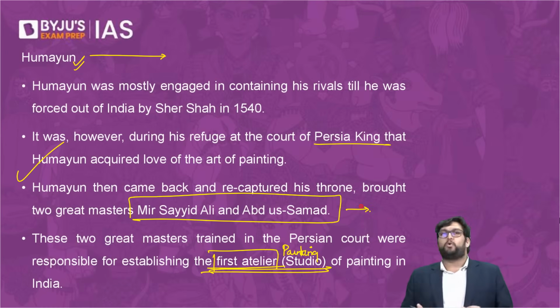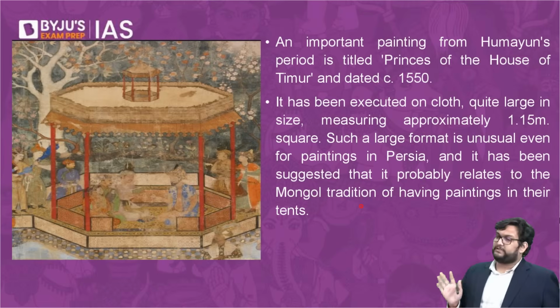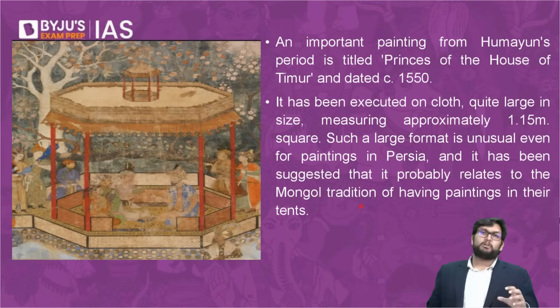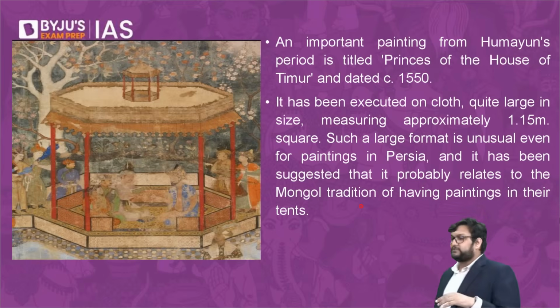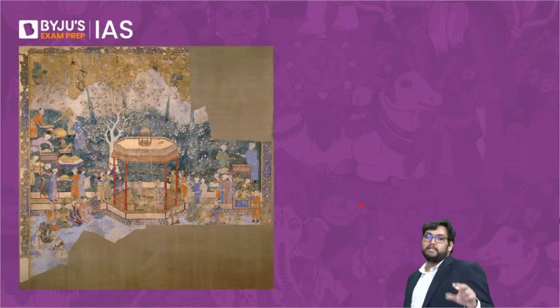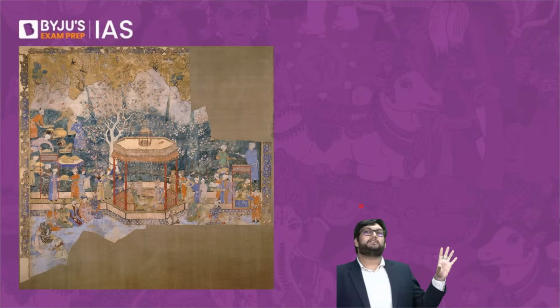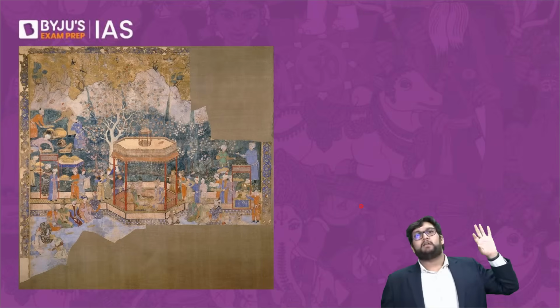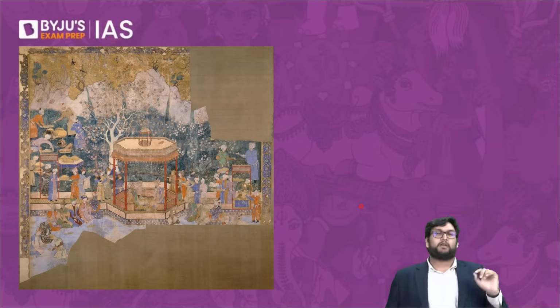But Humayun only commissioned one major painting, called The Princes of the House of Timur, in 1550. This was not done on a canvas or in a miniature style. Unlike that, it was a very big painting done on a tent side. Basically, wherever he used to go to war, on one side of his tent, he used to have this painting.